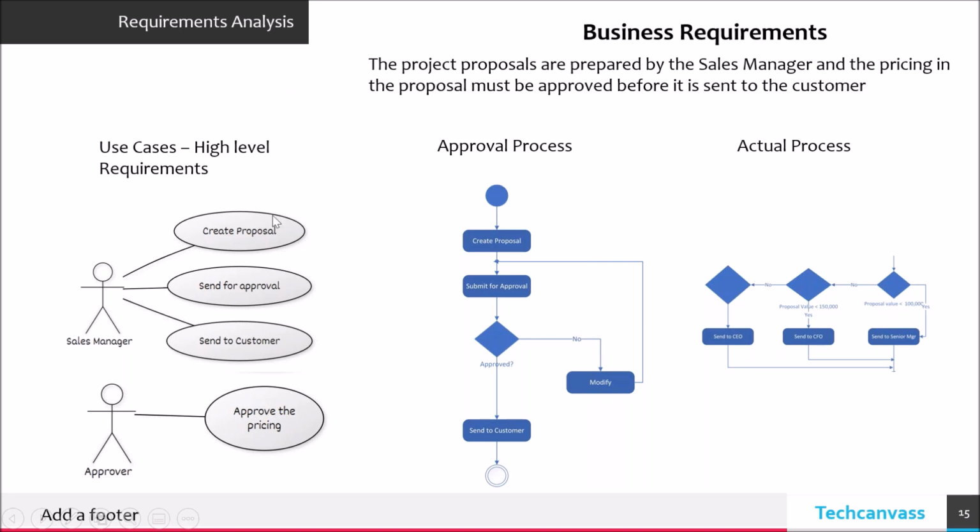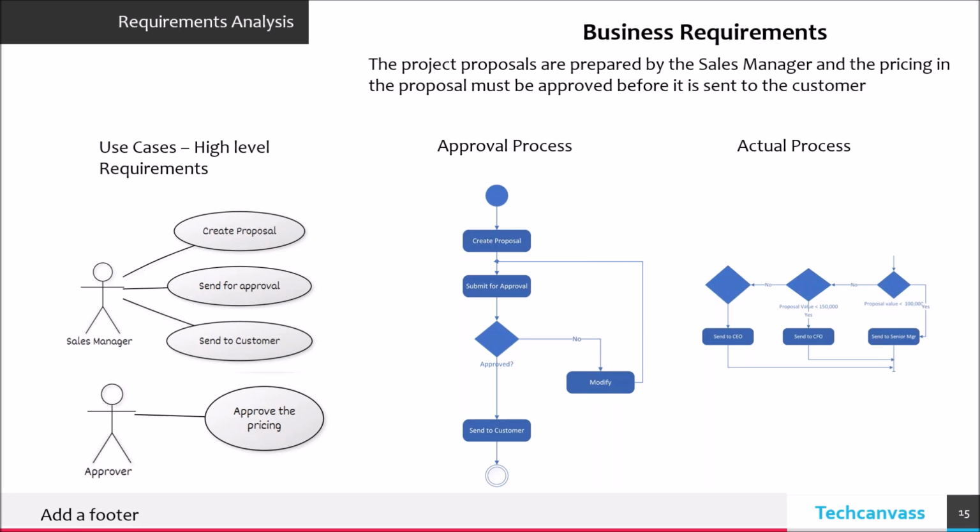Now, here in this case, if you look at the use cases, there is a sales manager who creates a proposal, who sends for approval, and then sends to the customer. Then there is an approver who approves the price, right?